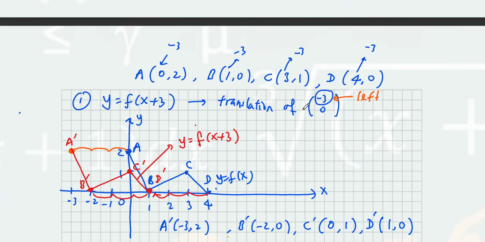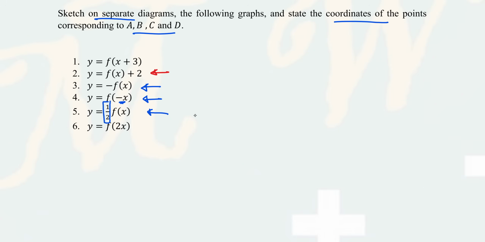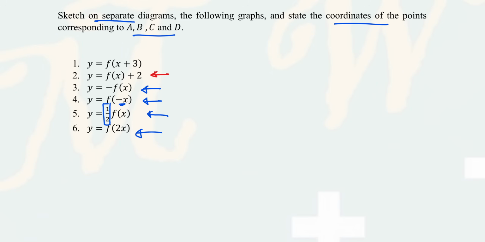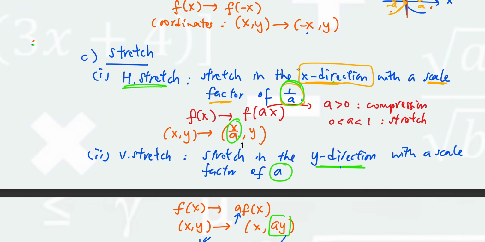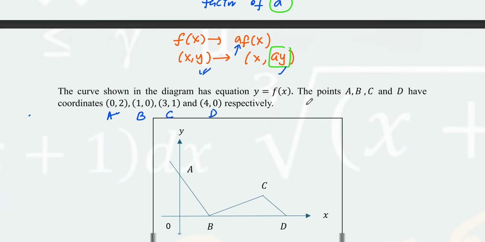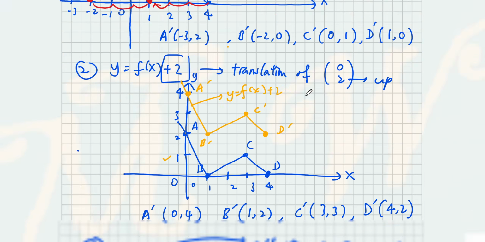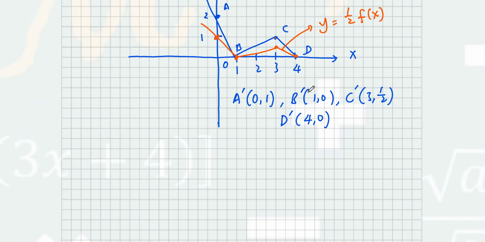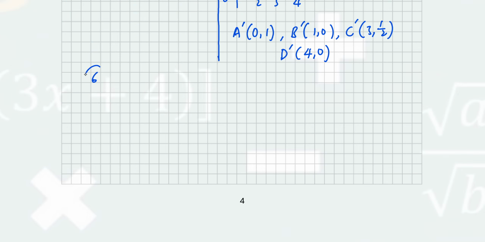And question number 6. Now f of 2x. Okay, go back to the notes. f of ax. So when here ax, the scale factor is 1/a, and it is the change in the x. Okay, so stretch in the x direction. So I will write number 6. y equals f of 2x.